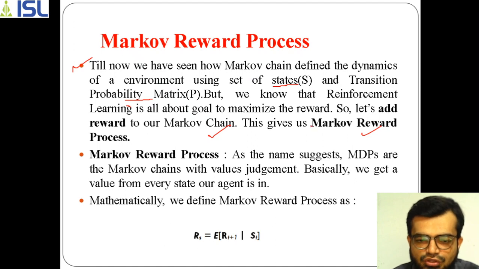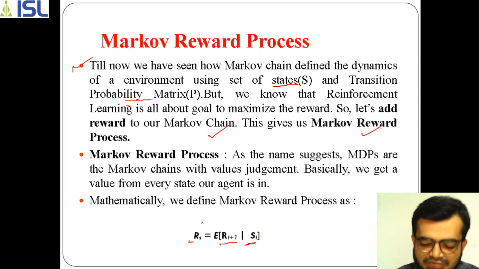R represents the reward process, and you will get a reward R of t plus 1 for a particular state, that is, state St. In that way the reward process is defined mathematically.